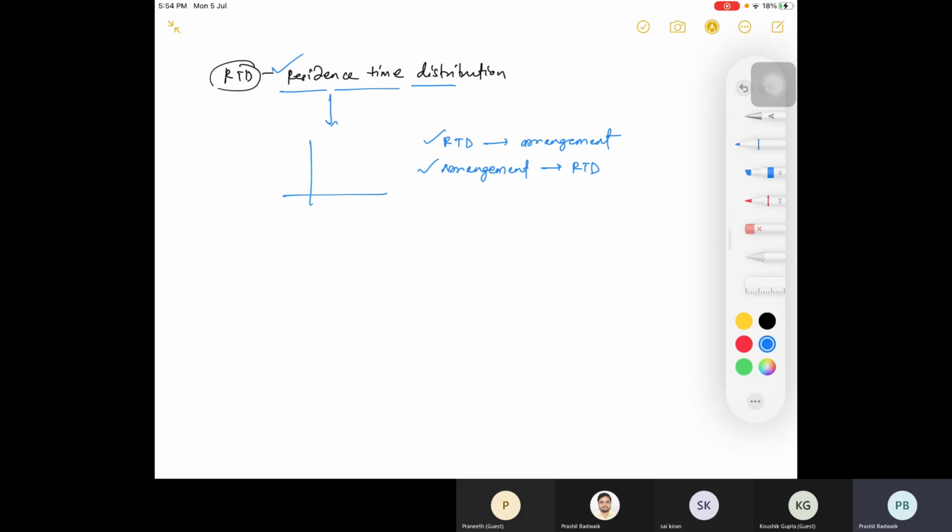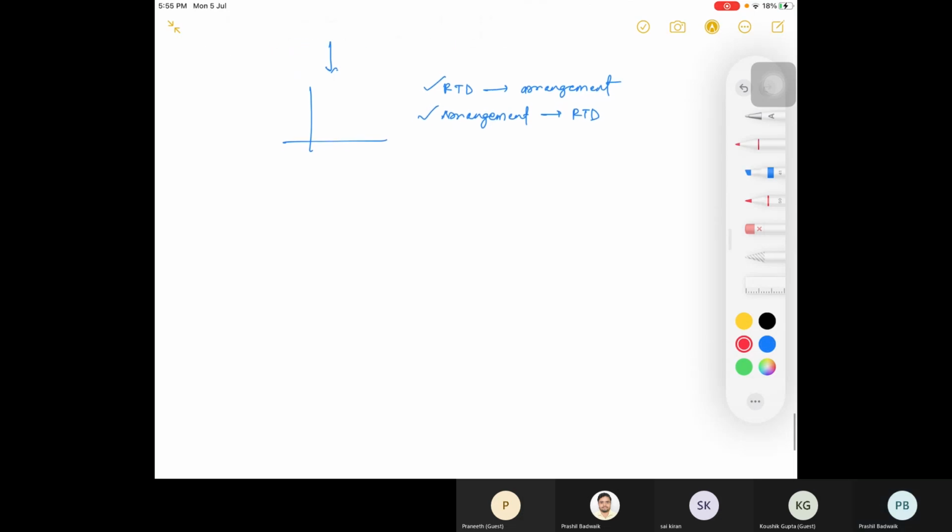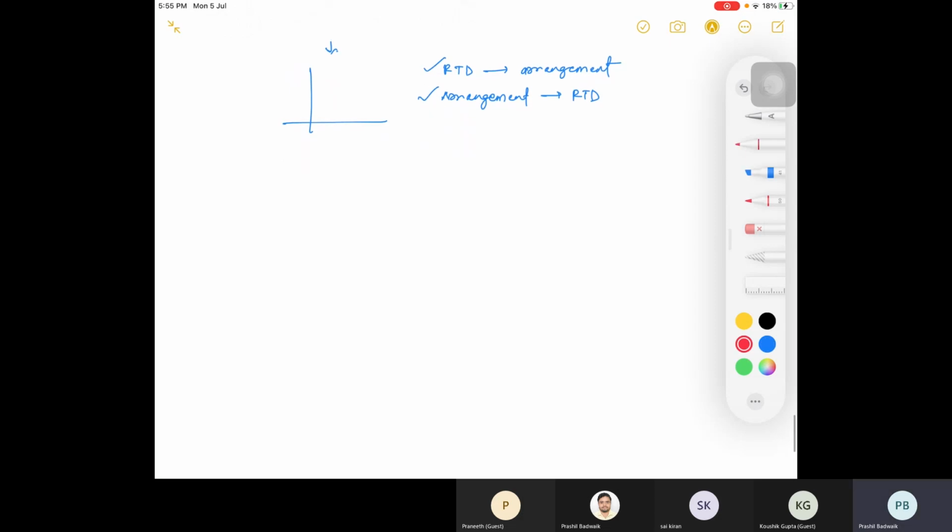But at the same time, I told you this RTD has some disadvantages, and I wrote that in the previous class. So now we are at the stage where there is a need of RTD, but along with RTD there must be something else so that you can actually predict what kind of non-ideality is there in your reactor. So you write: there are different models, classified as models for non-ideality, right?